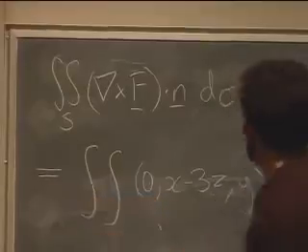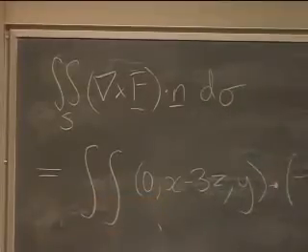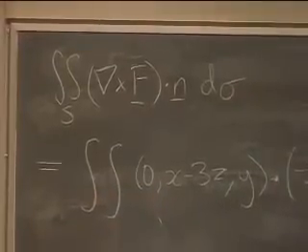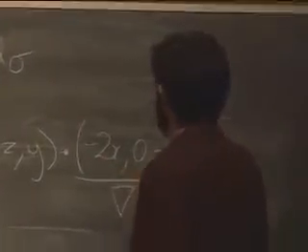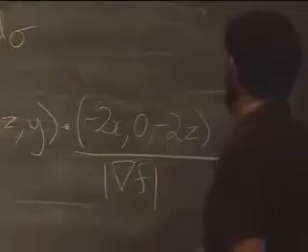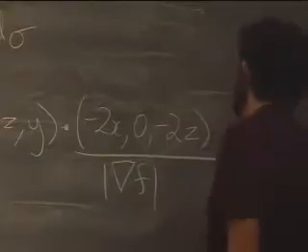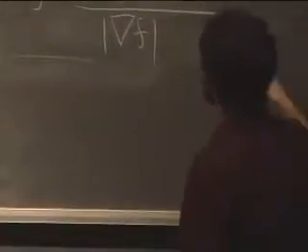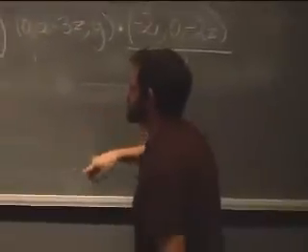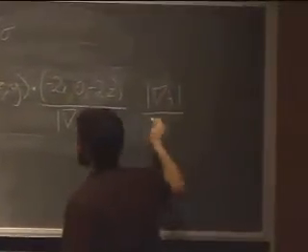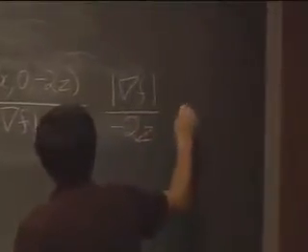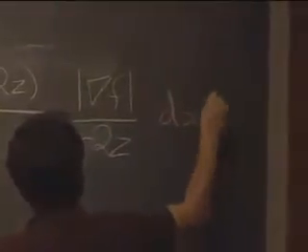And we computed grad f as negative 2x, 0, negative 2z over the length of grad f. The reason I didn't bother computing it is that d sigma is the length of grad f divided by minus 2z, times dx dy.